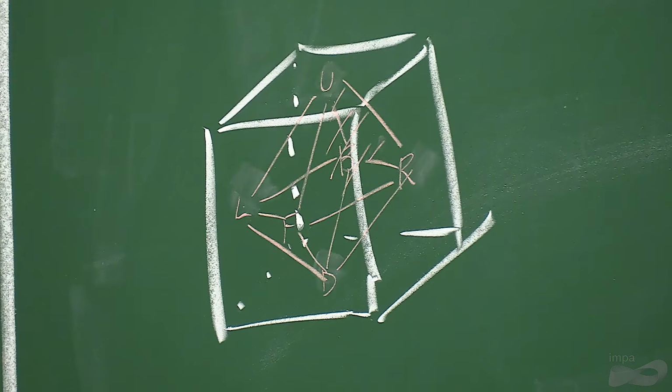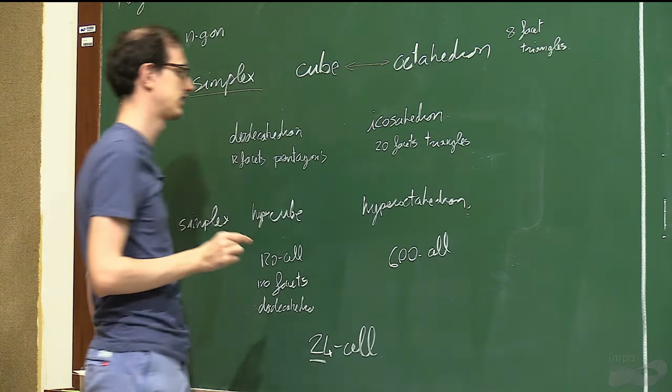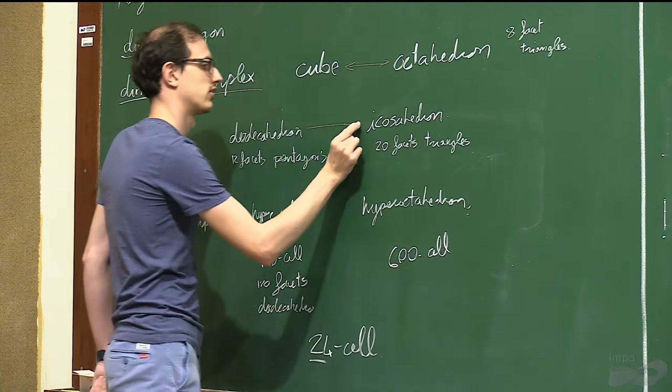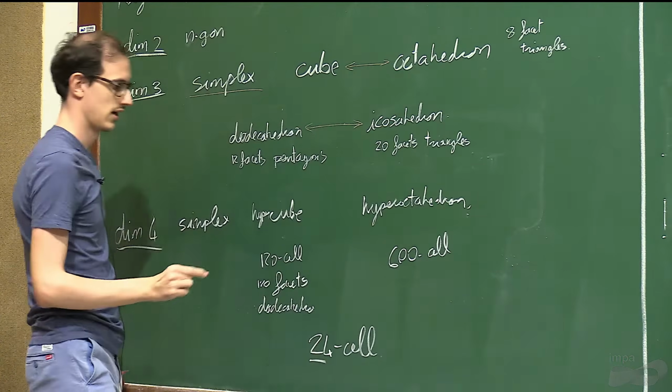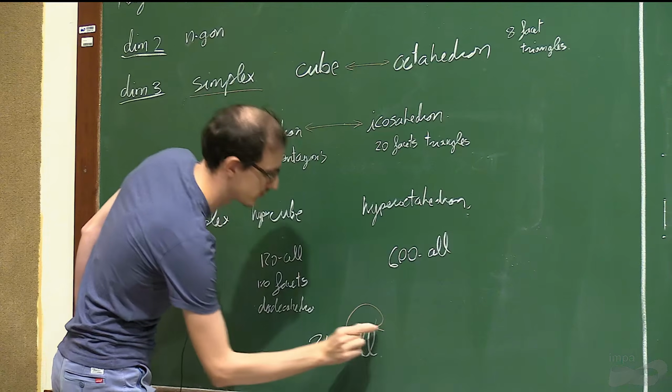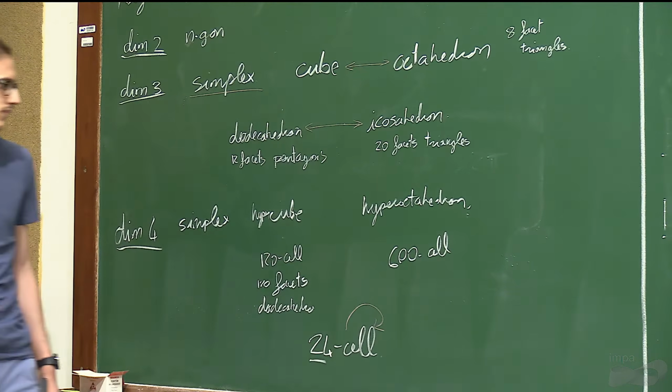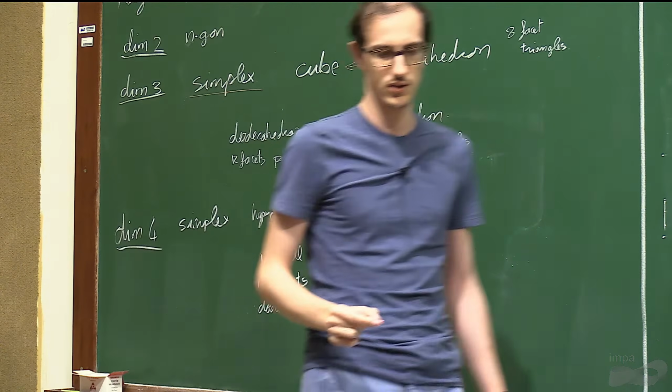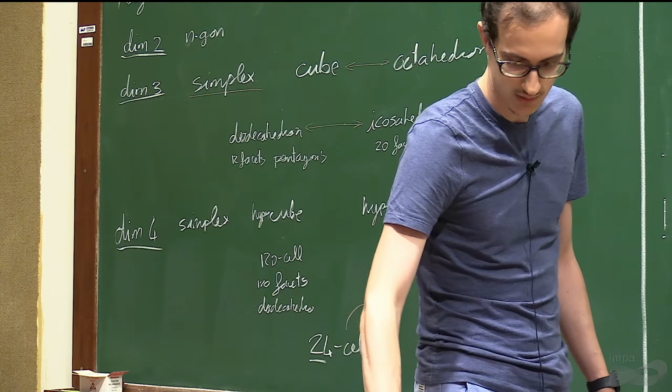You can actually see this every time. The simplex is always self-dual. Cube and octahedron are always dual to each other. Icosahedron and dodecahedron are dual to each other, and the 24 cell is self-dual.